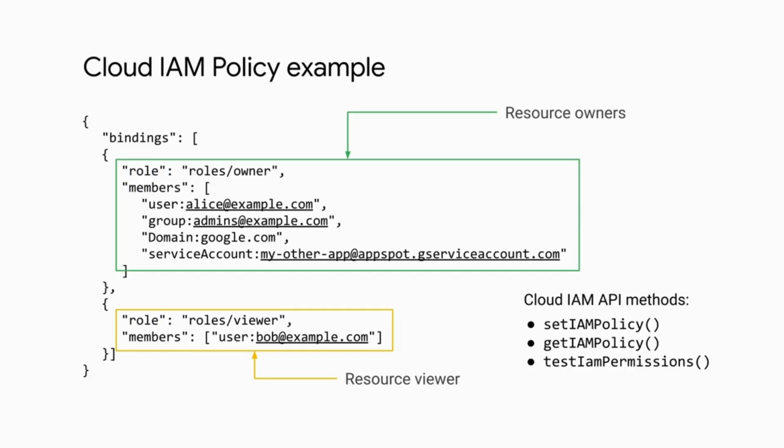The Cloud IAM API methods available are set IAM policy, which allows you to set policies on your resources; get IAM policy, which allows you to get a policy that was previously set; and test IAM permissions, which allows you to test whether the caller has the specific permissions for a resource.